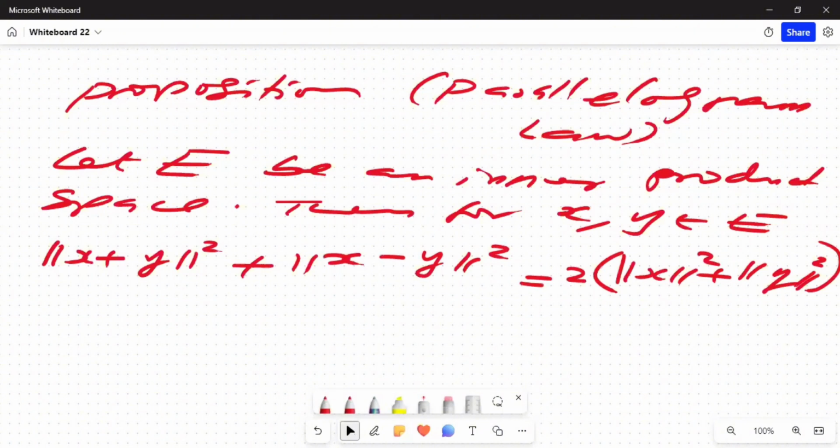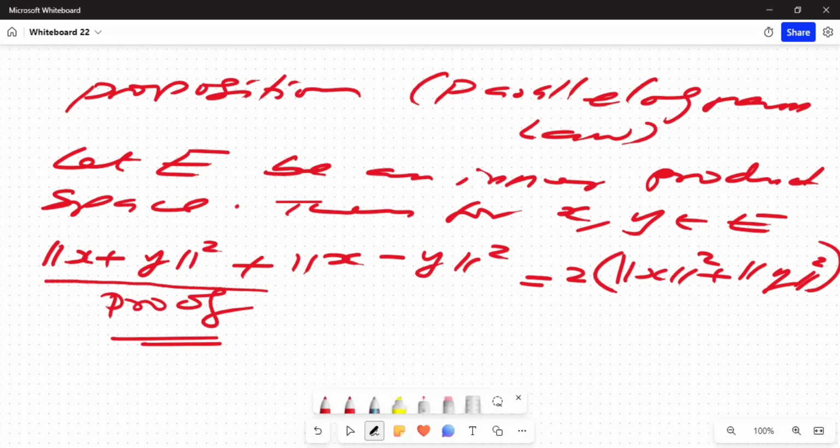This is the parallelogram law, and the proof is simple. To construct the proof, you just expand the left-hand side, and then you discover that you have the right-hand side.